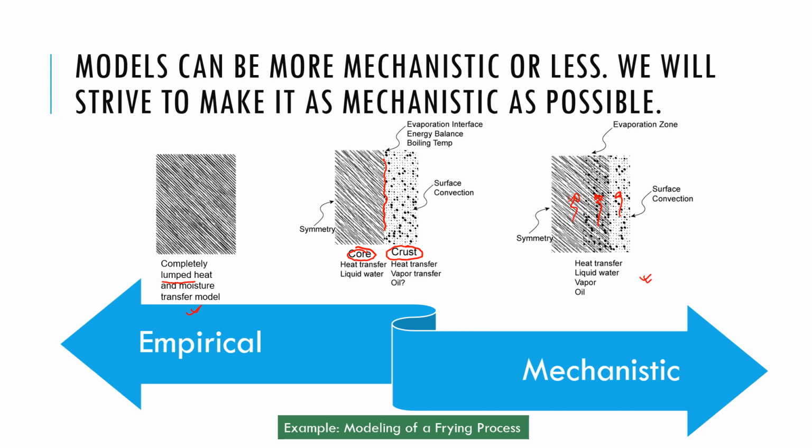One is that would give us the most predictability as the product or process changes, and also we understand the physics the best possible way. Now, with more mechanistic model, it's not free. As they say, no such thing as a free lunch. And so with more mechanistic model comes more computational complexities.